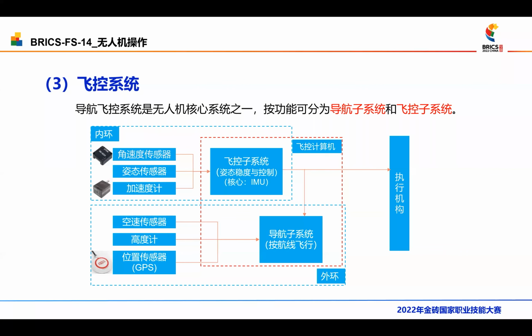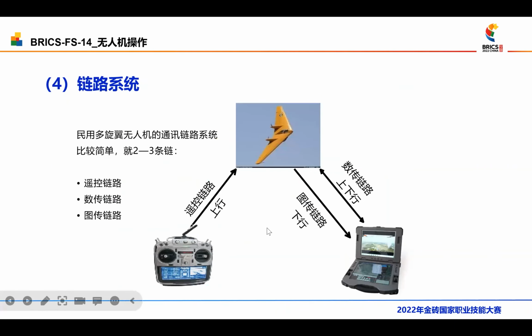The airspeed sensor is usually used on the fixed wing, and the altimeter plays a very important role in the safe flight and autonomous control of the aircraft. Position sensor mainly refers to GPS. The fourth is a link system.